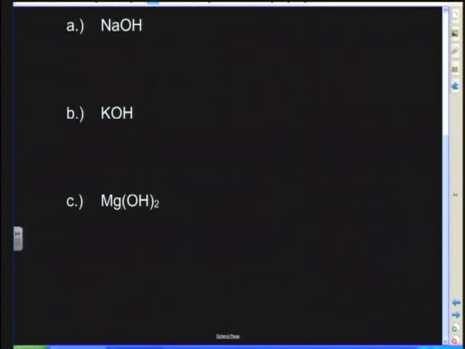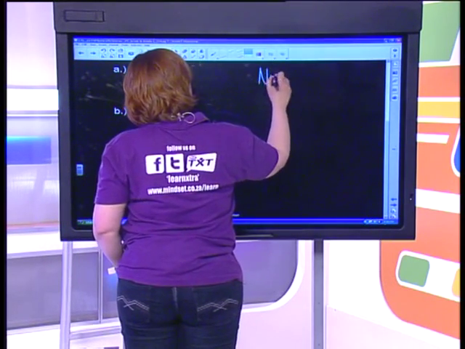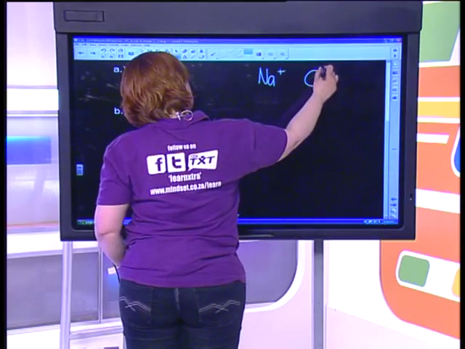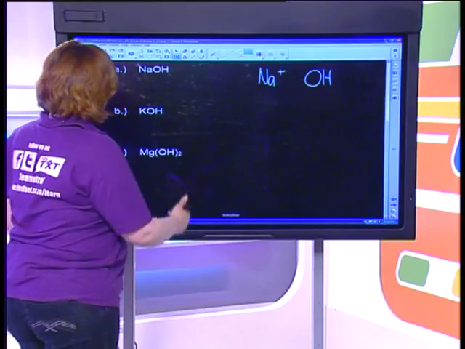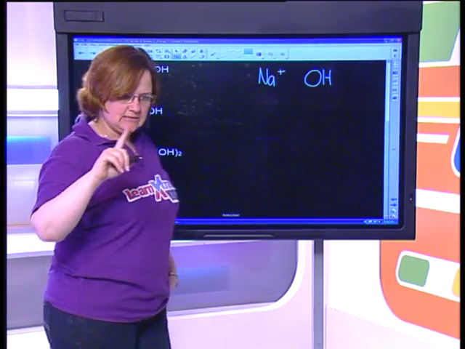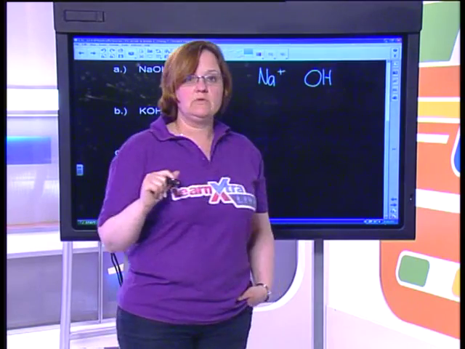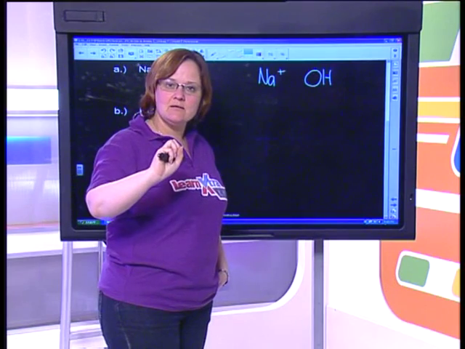First one we've got here is sodium hydroxide. This one's a little more difficult. So we have Na plus, OH minus. That's essentially what sodium hydroxide is made up of. And what will happen here is it's a base which is going to take a hydrogen.